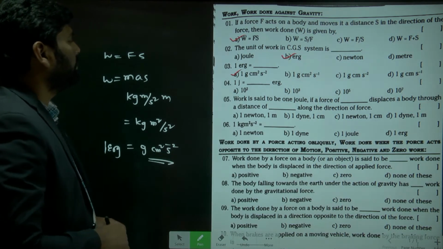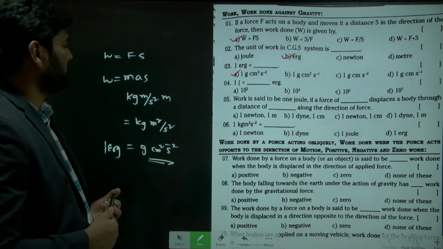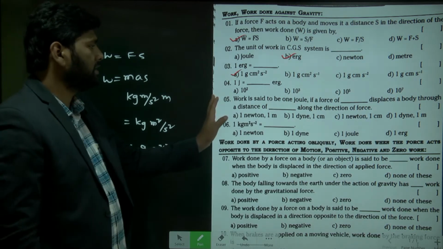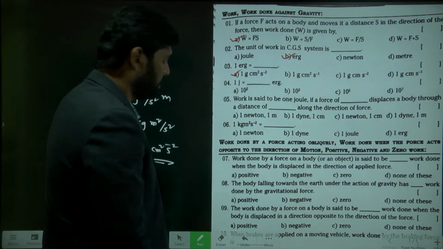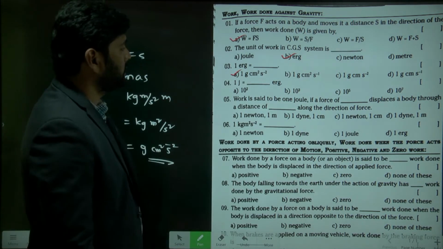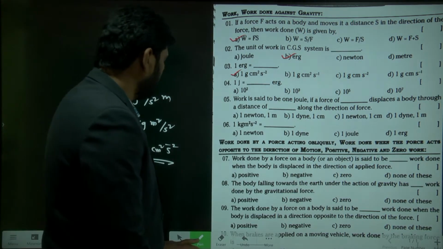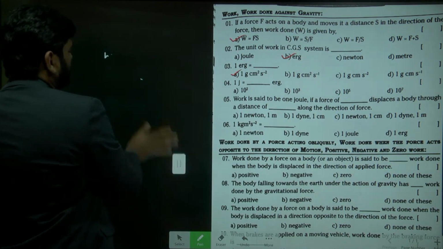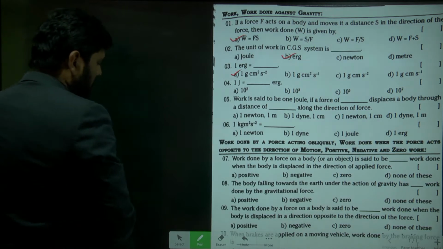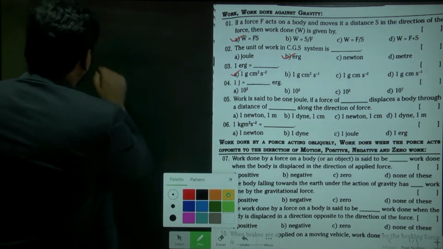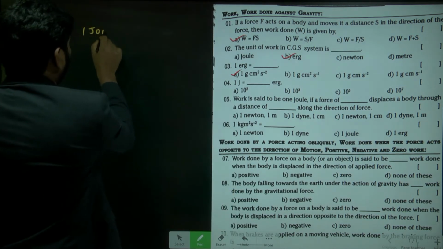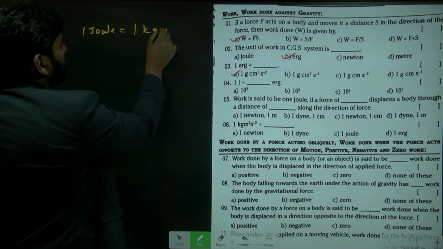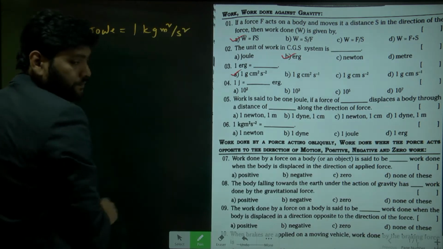Similarly, 1 joule is equal to how many ergs? This is nothing but conversion between erg and joule. Joule is an SI unit, erg is a CGS unit. Just now we derived: 1 joule means 1 kg meter square per second square.